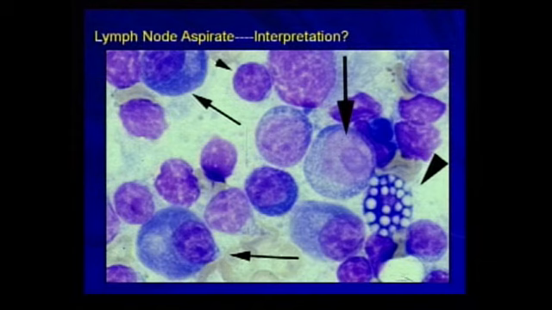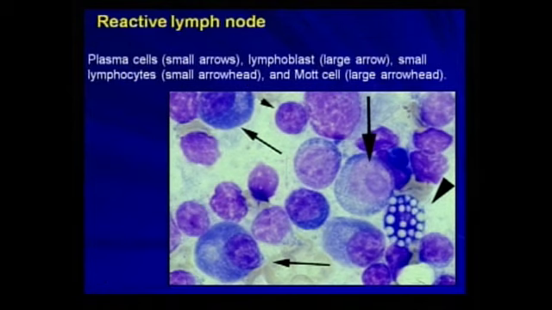This is a plasma cell that has large vesicles containing antibodies. So looking at the range of cell size and the fact that we have a plasma cell in there, I'm not thinking about lymphoma. I don't have other cell types I would expect with active lymphadenitis like neutrophils or eosinophils, and my diagnosis here would be a reactive lymph node.